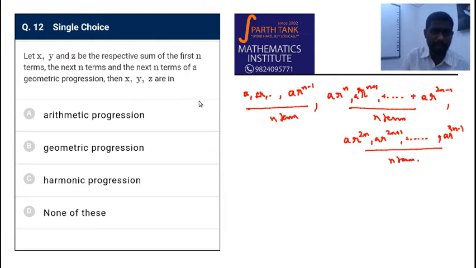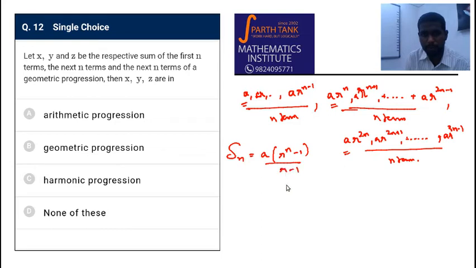So they say that x is the sum of the first n terms, y is the sum of the next n terms, and z is the sum of the next n terms. So all these are GPs only, but with different first terms, right? In these n terms the common ratio is r, in these n terms also the common ratio is r, but the first terms are different. So you know that the sum of n terms formula is the first term into r raised to n minus 1 by r minus 1. So x is going to be just this.